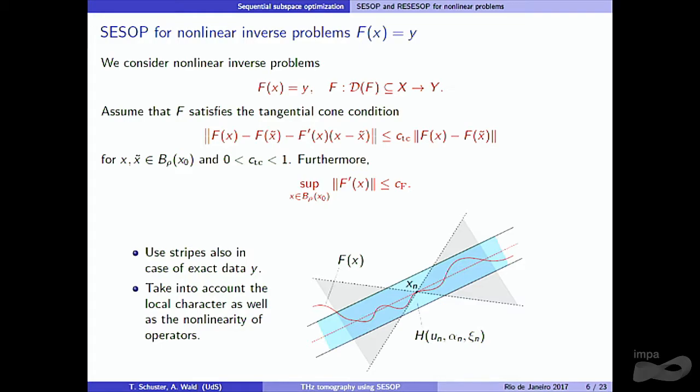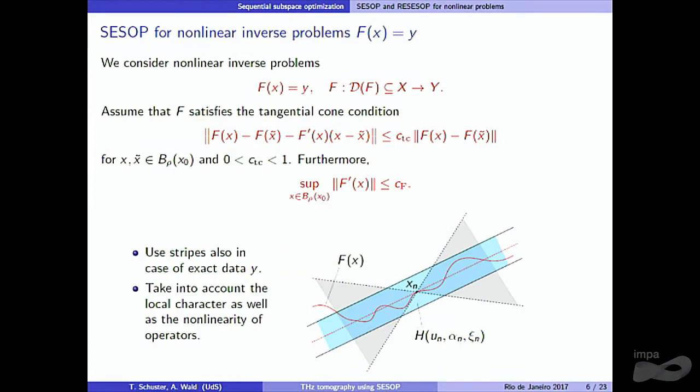Okay, there are some basic assumptions on F, the forward operator. Anybody who has done research in nonlinear inverse problems knows these conditions. The first one is the so-called tangential cone condition, where this constant here is assumed to be less than 1 and positive.